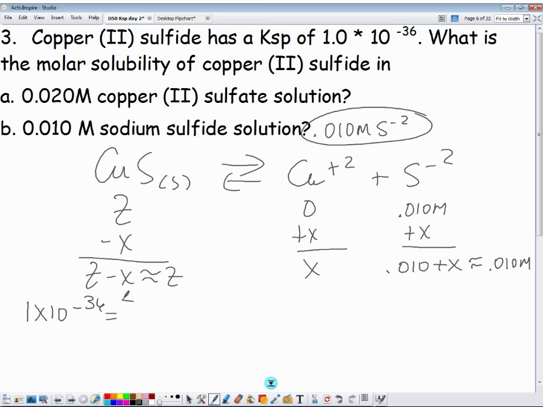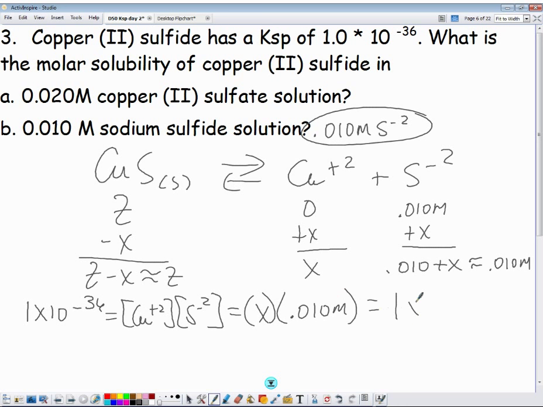All right, so copper sulfide equals X times 0.01. Since I didn't put the value down, let's write it over here. 1 times 10 to the minus. Oh, I did write it over there. Never mind. I just didn't call it KSP. Okay. So, no calculator. You don't need a calculator.